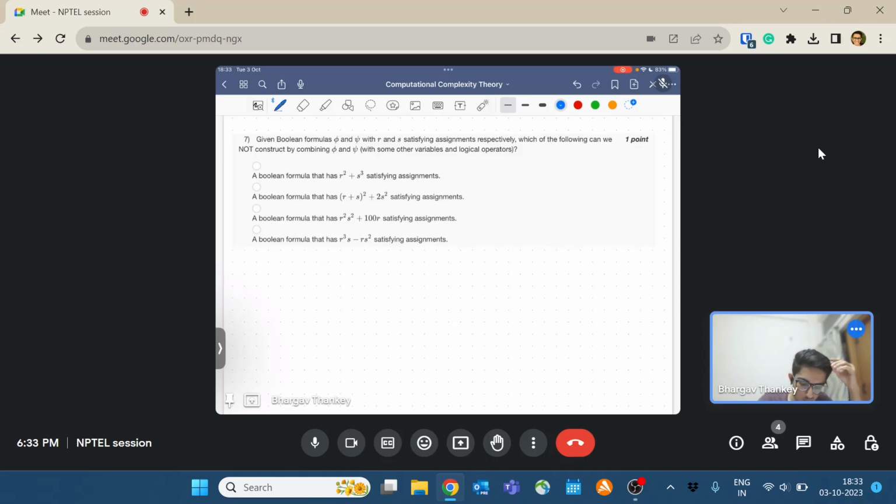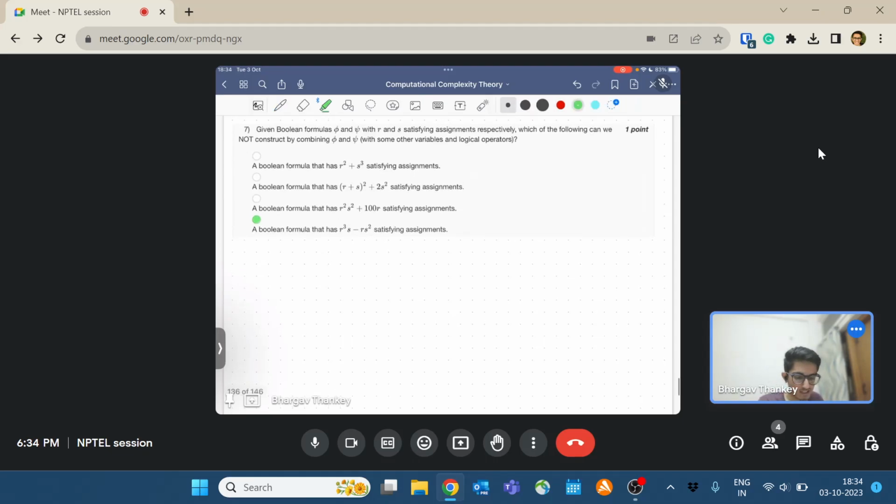The options are a Boolean formula with R square plus S cube satisfying assignments, a Boolean formula with R plus S the whole squared plus 2 S square satisfying assignments, a Boolean formula that is R square times S square plus 100 R satisfying assignments, and a Boolean formula that is R cube S minus R S square satisfying assignments. So which of these can we not construct? Last one, I think. Yeah.